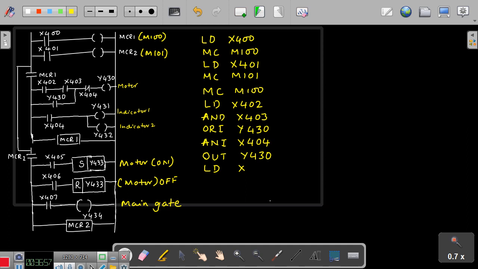So LD X404, then OUT Y431, OUT Y432, then MCR M100. I have gone into resetting of this MCR M100.